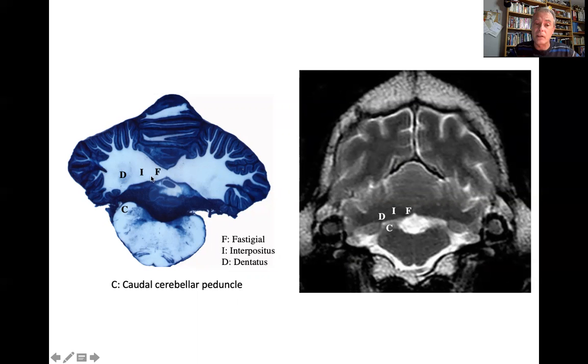So we have the fastigial nucleus, which also has a small elevation here, the interpositus and the dentate nucleus, or dentatus. And here, the caudal cerebellar peduncle. So on MRI, we should say this nucleus is located here. Here we should find the fastigial nucleus, the interpositus and the dentate nucleus.